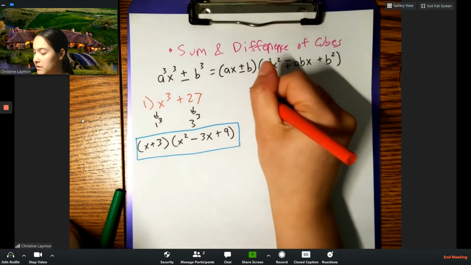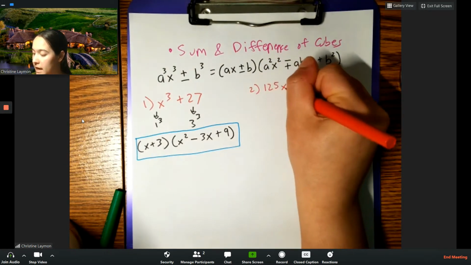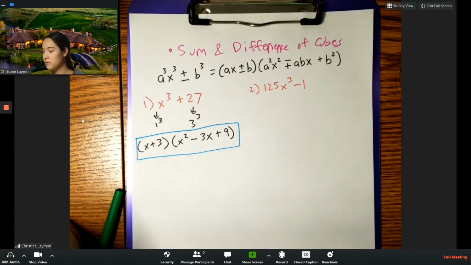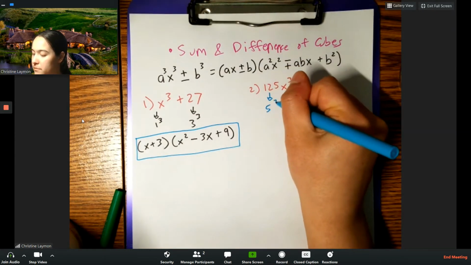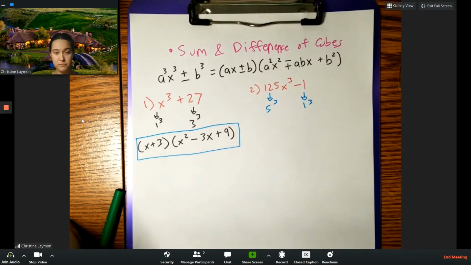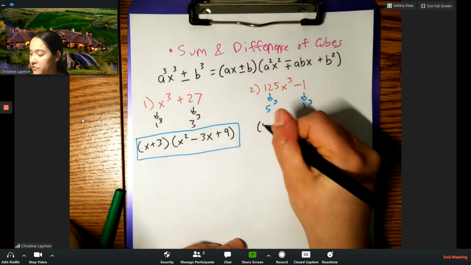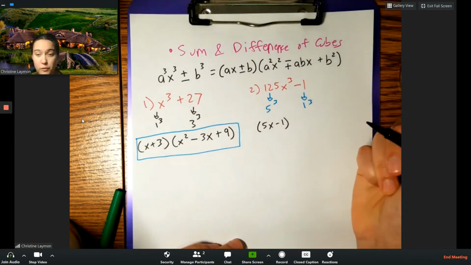Let's say that I have 125x cubed minus 1. Okay, well, 125, that's going to be 5 cubed. The 1 is just going to be 1 cubed. Let's go ahead and put them together now. So I'm going to take this one. I'm going to have 5x, keep the same sign, so minus 1.